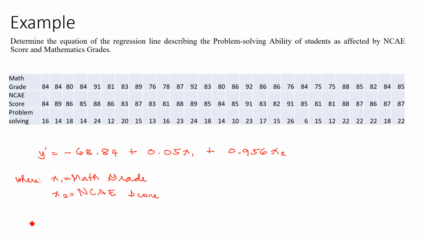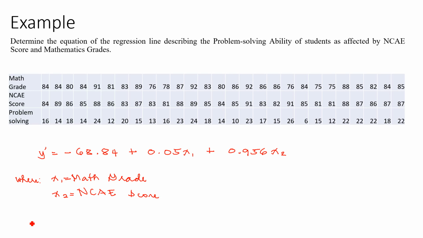Or we could also say the problem solving skills of the student will increase by 1 unit provided that the NCAI score of the student will increase by 0.956 unit, provided that all other factors are held constant.